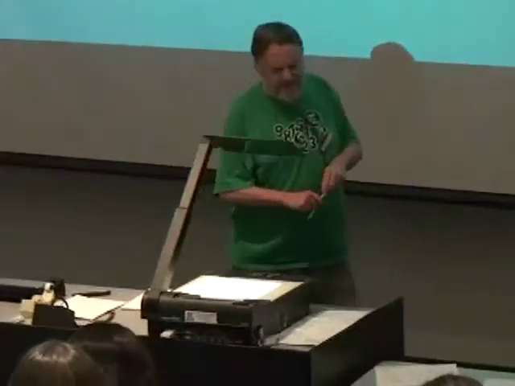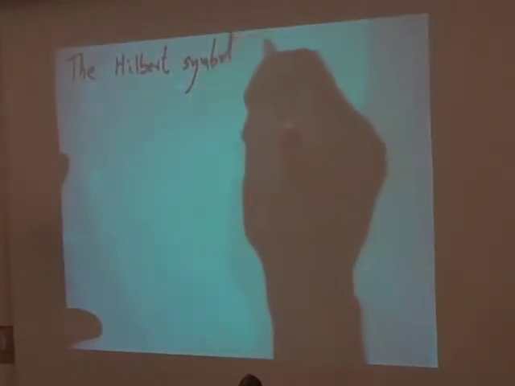Right. Now, what on earth is this Hilbert norm residue symbol? What I want to say is one of the properties of the Hilbert norm residue symbol, which I'll just call the Hilbert symbol, and let me call it (A, B) subscript p.